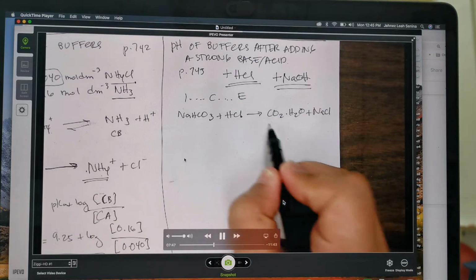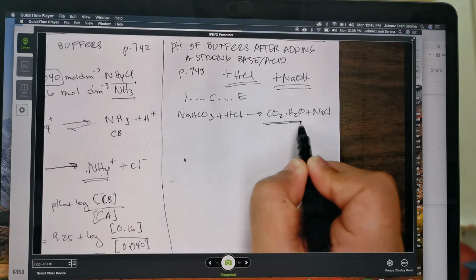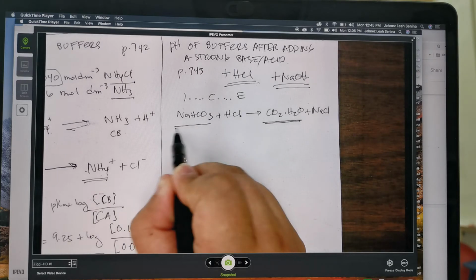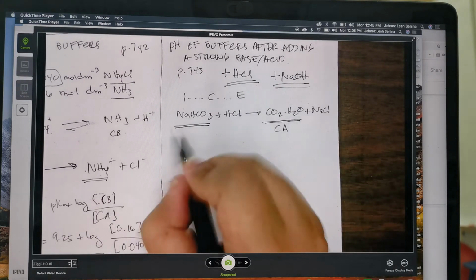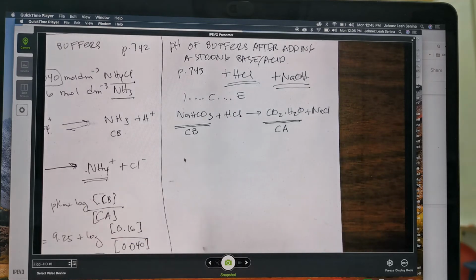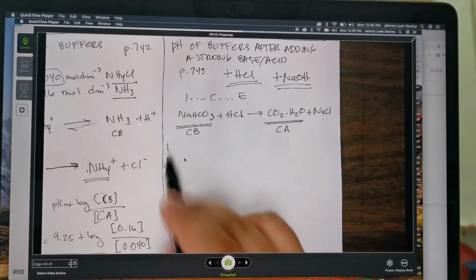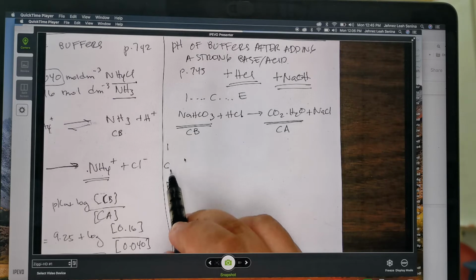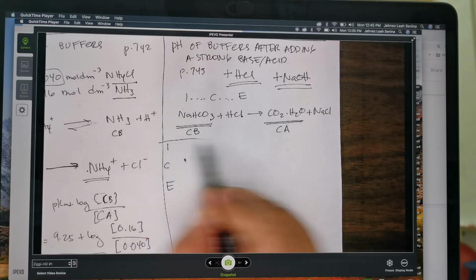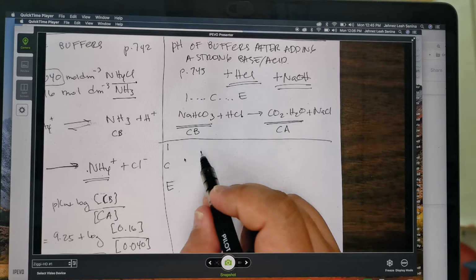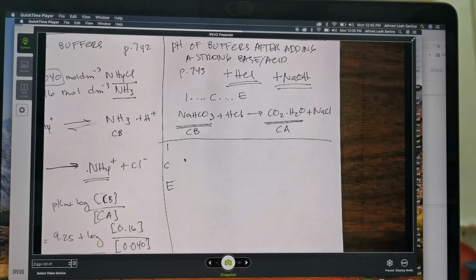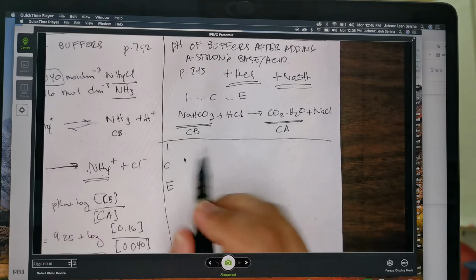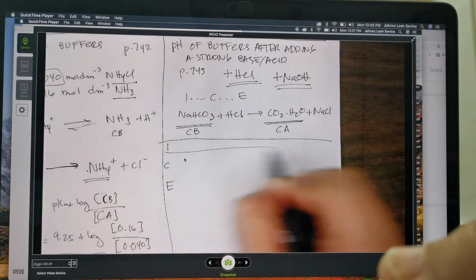So obviously, this has more hydrogen than this. So this is your conjugate acid, this is your conjugate base. And then this stands for initial, change, equilibrium concentration. Okay, so what is the initial amount, initial mole? Because you're given volume and concentration, so you can calculate the mole.